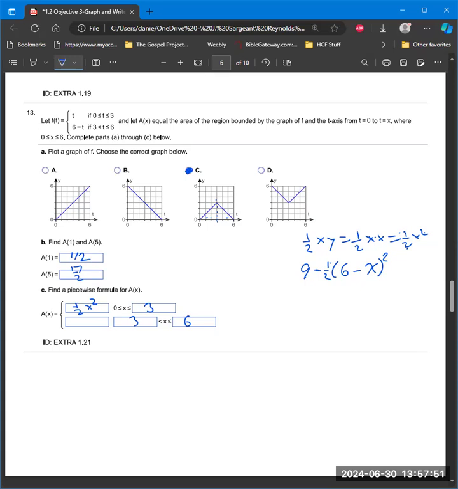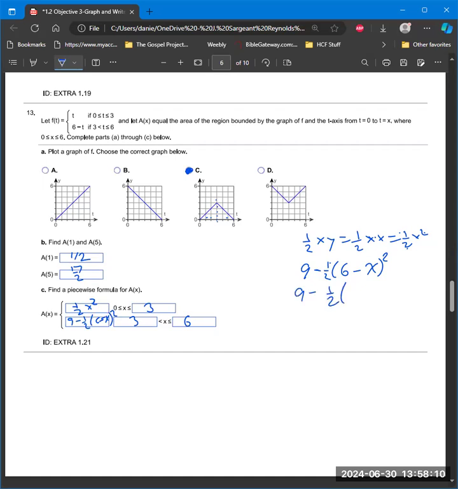Half, 17 halves. Yeah. And I'm just going to put this in as 9 minus 1/2 of 6 minus x squared. You can simplify that if you want to.